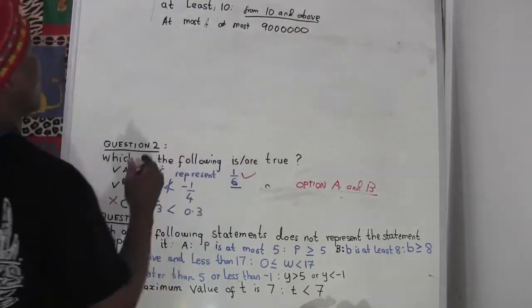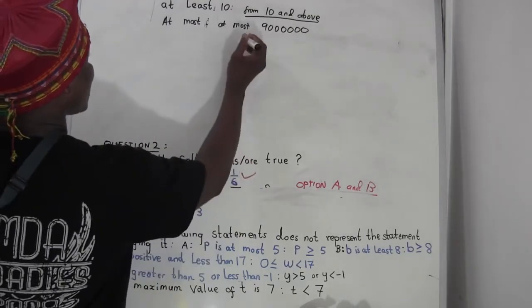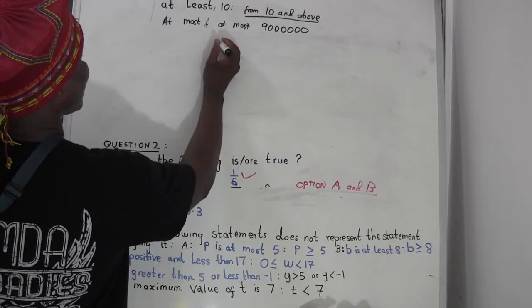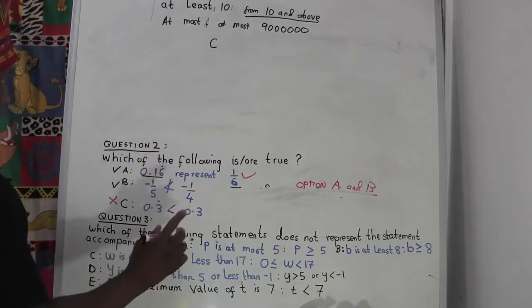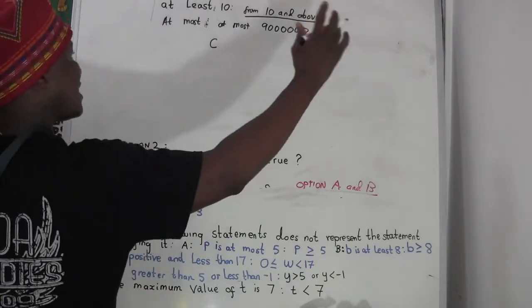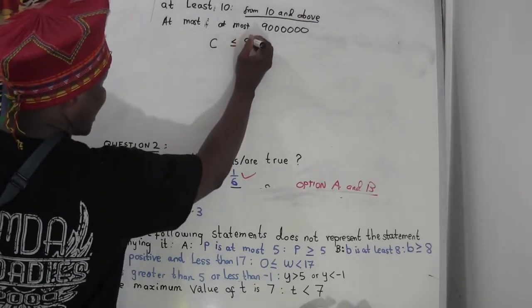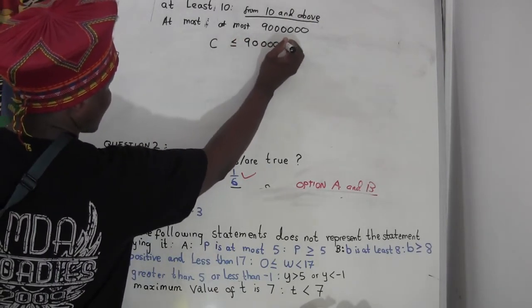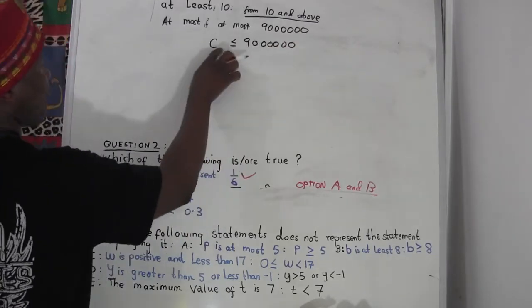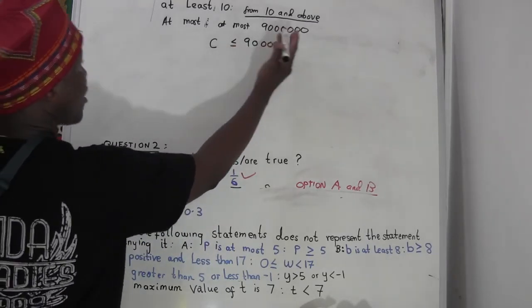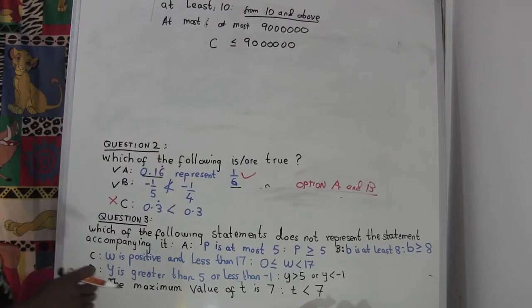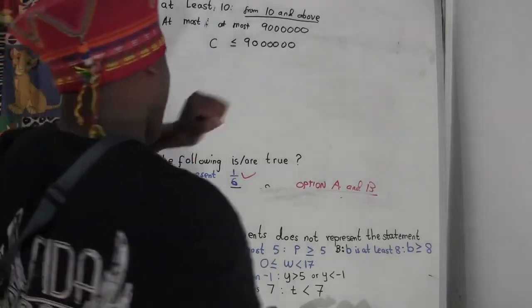Means not more. So at most means it can only take 90,000 or less.